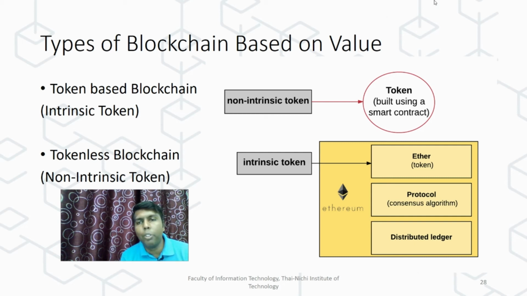It has one particular coin, altcoin or whatever it is. If you are given a token which is built using a smart contract, then it is called a non-intrinsic token. And an intrinsic token is not actually a physical coin, you cannot count it as a coin. It is some value which has a protocol of consensus algorithm, and it falls under the distributed ledger.